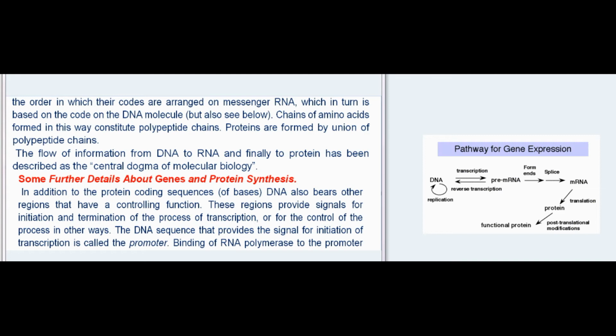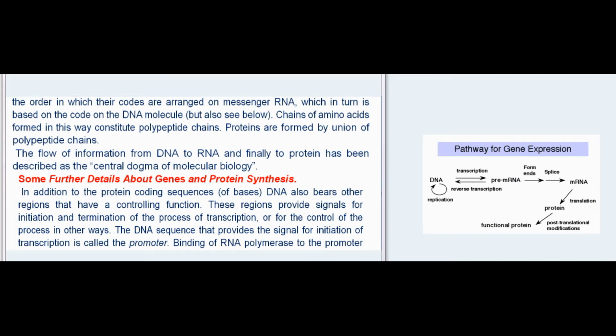In addition to the protein coding sequences of bases, DNA also bears other regions that have a controlling function. These regions provide signals for initiation and termination of the process of transcription, or for the control of the process in other ways. The DNA sequence that provides the signal for initiation of transcription is called the promoter.